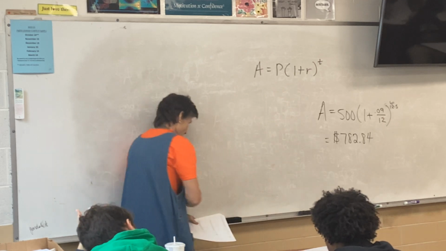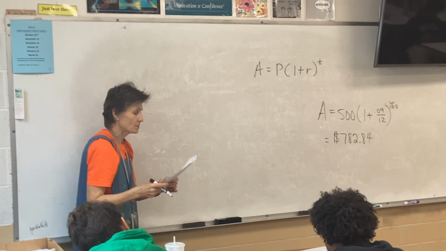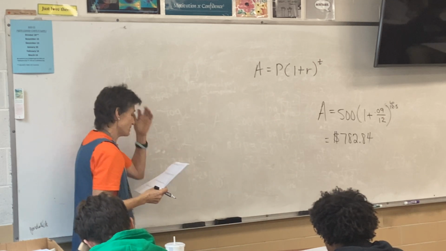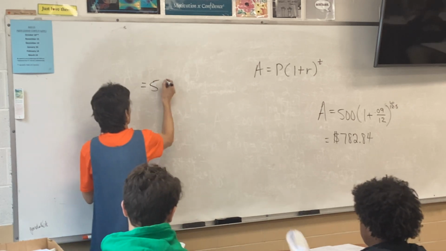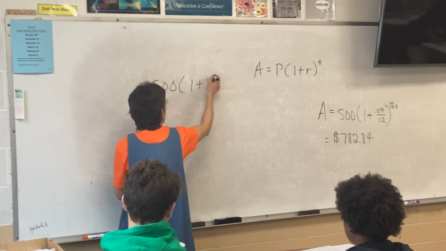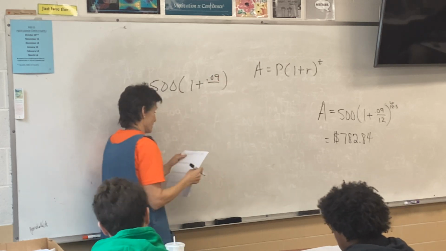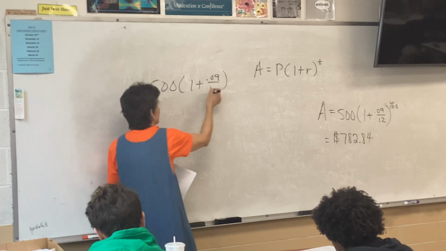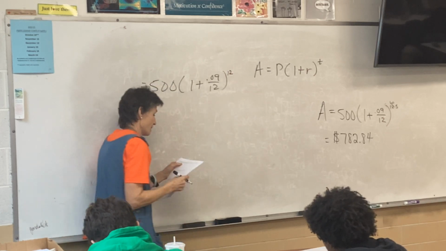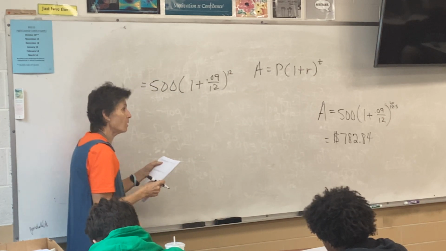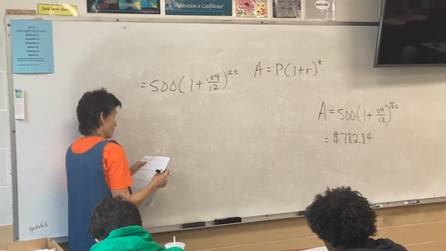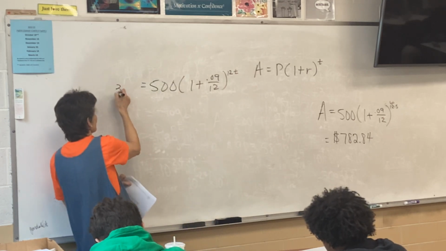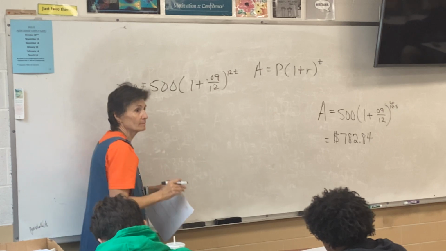All right, those seem pretty easy. Let's look at number 3. Judy is gonna invest $500 at 9% compounded monthly. How long will it take for her investment to grow to 3,000?